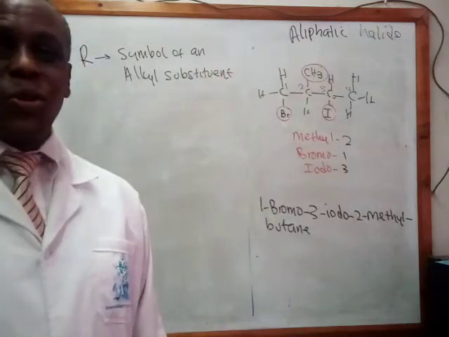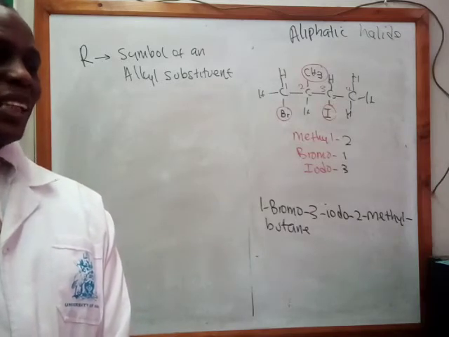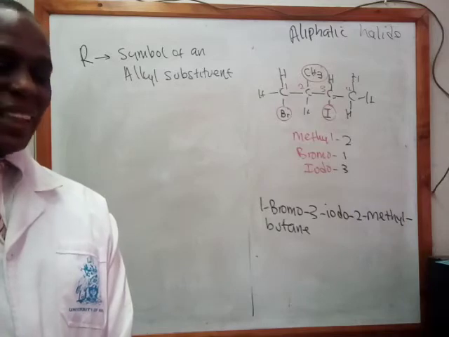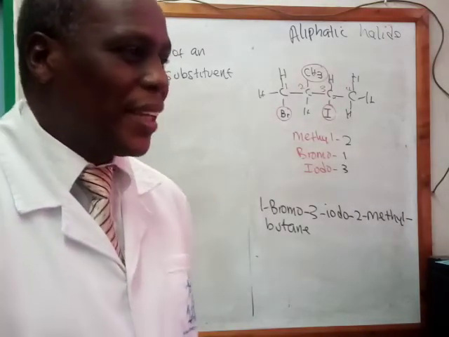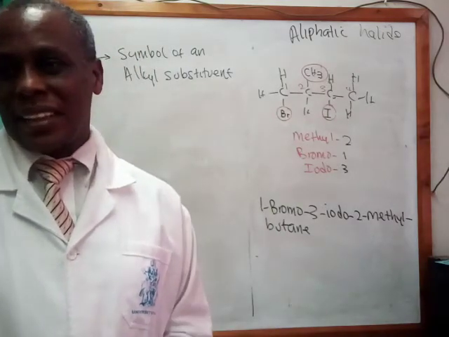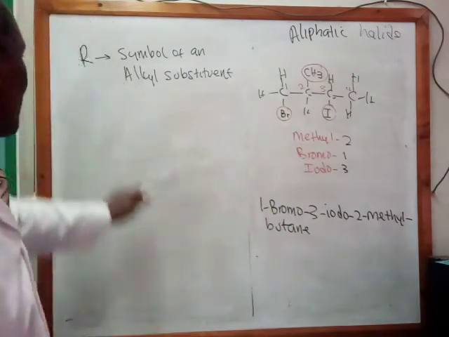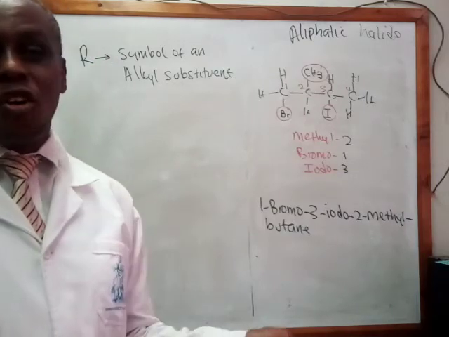You're going to introduce a letter which the chemists looked at the periodic table and saw that there is this letter to which no element is attached. So they just use the letter R to represent the general form of an alkyl group.